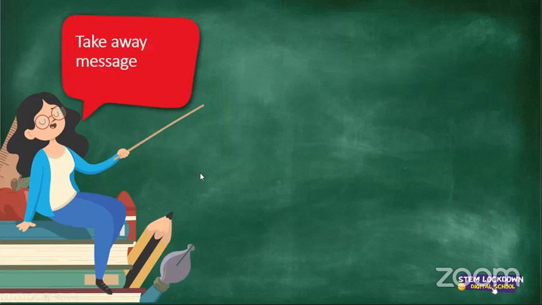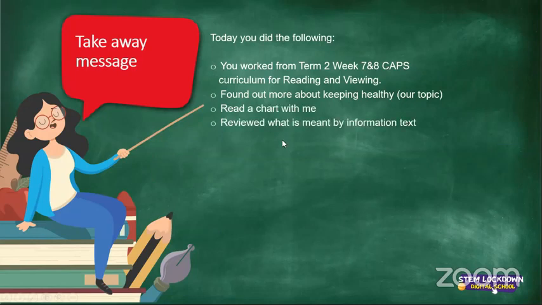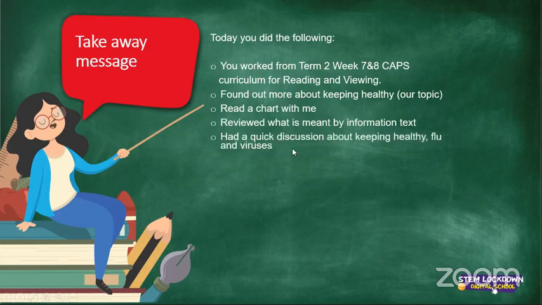So we're getting to the end of our lesson now. So let's just review what you did today. You worked from term 2, week 7 and 8 of the CAPS curriculum for reading. You found out more about keeping healthy. You read a chart with me about childhood diseases. You reviewed what's meant by information text. You had a quick discussion about keeping healthy, flu and viruses.